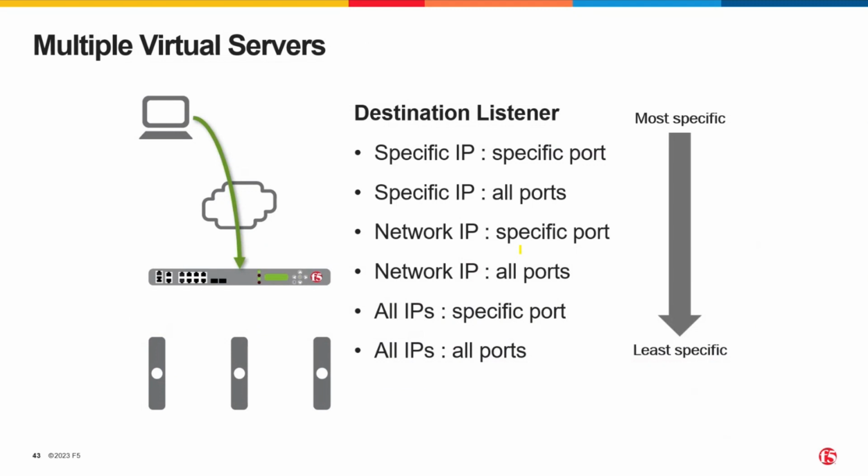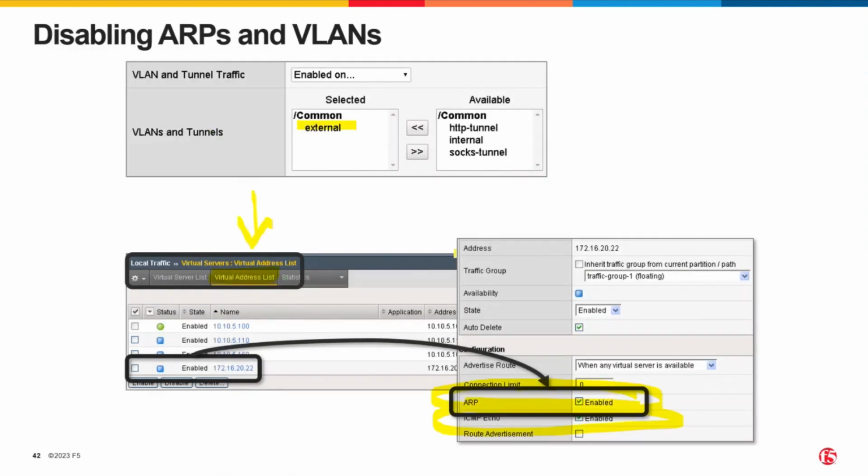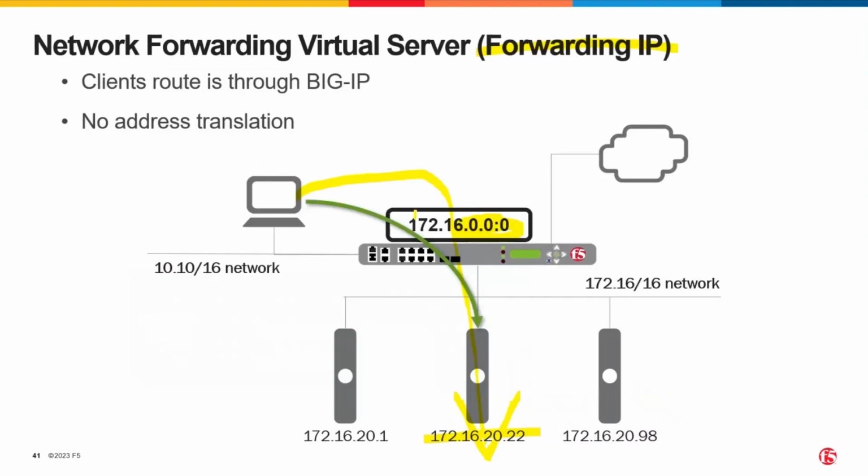And if we have plenty of different virtual servers on BigIP, that's the order of how they are being processed. So they are being processed from the most specific to the least specific. So if, for example, you have some virtual servers like this one, 172.16.0.0, and you can have virtual server like this one, 172.16.1.2, for example, right?